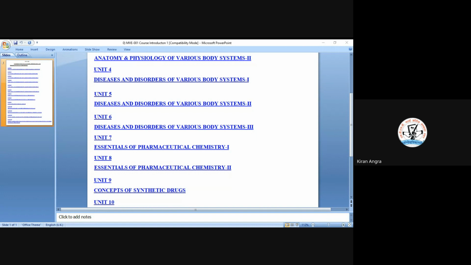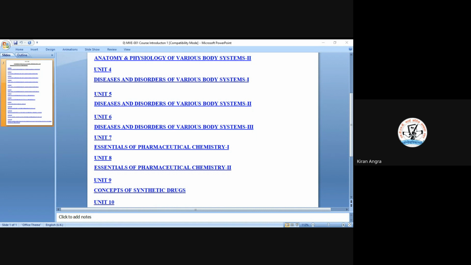Okay, then I will be taking up unit 2 because I feel you should know the physiology. I will take unit 2 and unit 3, finishing system 1 and system 2, and then I'll try to take 7, 8, 9.